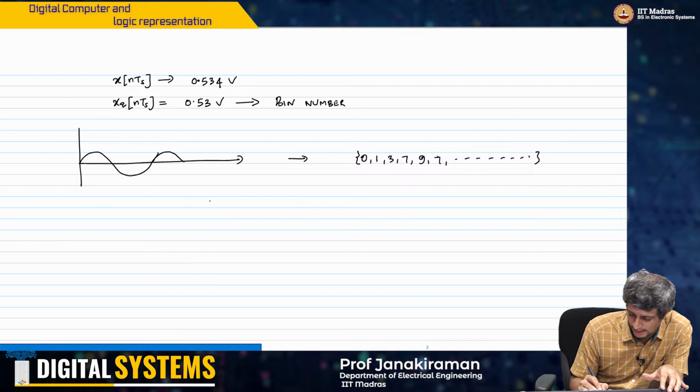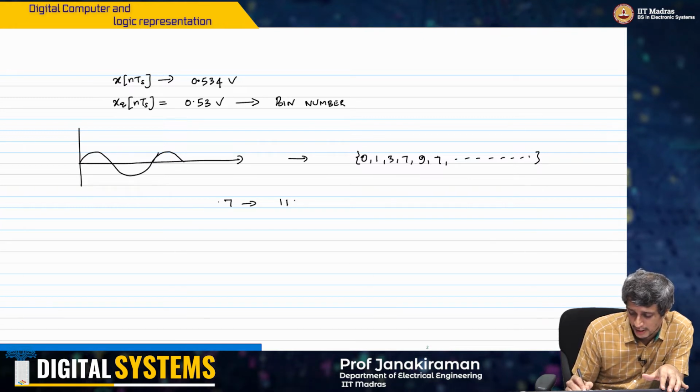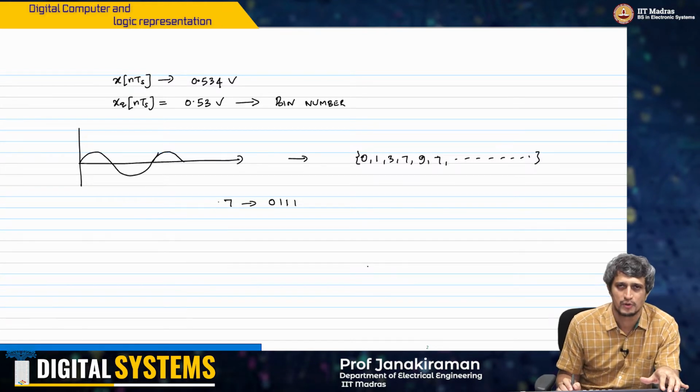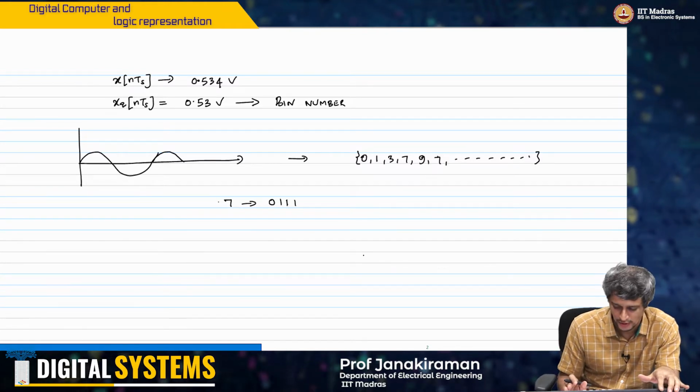For example, let's take 7. This can be converted to a binary number, 0111. We will see how to do all this later.